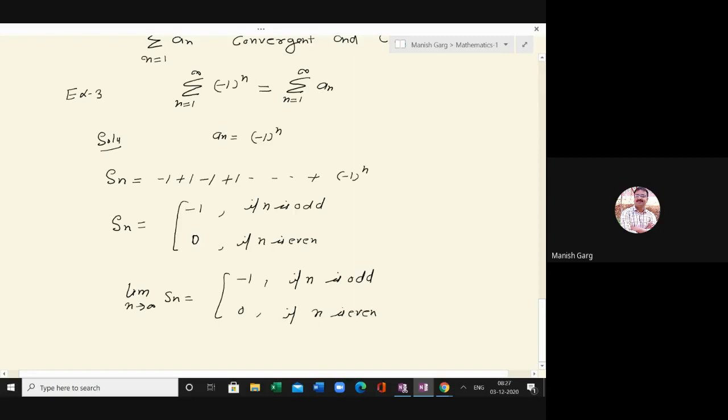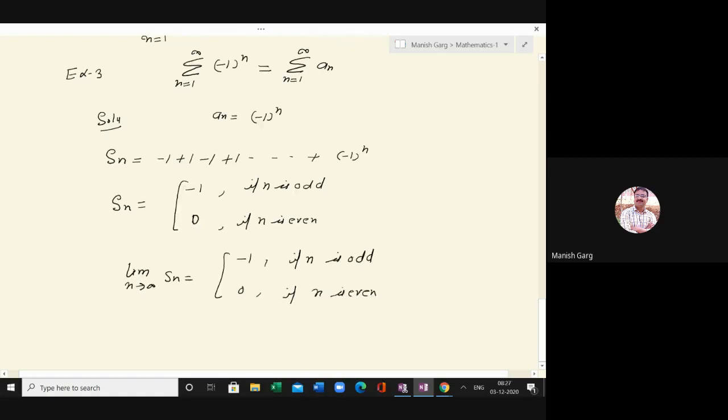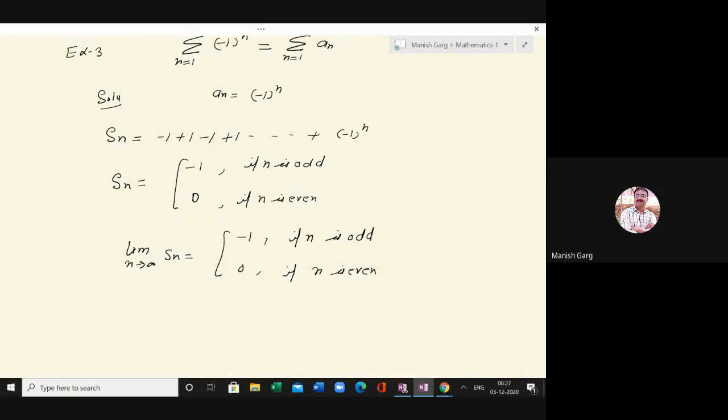So it means the limit of Sn comes different and depends upon n. So it means the series from n equal to 1 to infinity of An is not convergent, or you can say it is an oscillatory series.